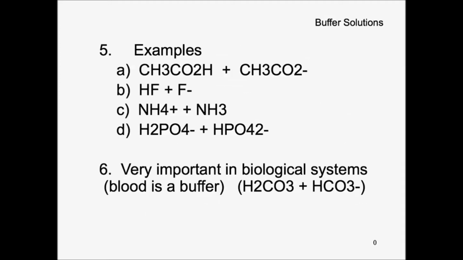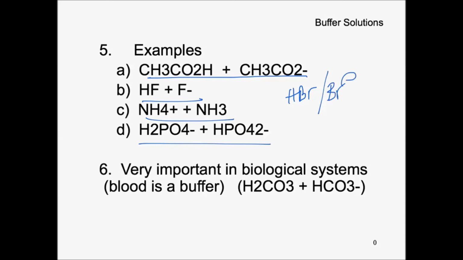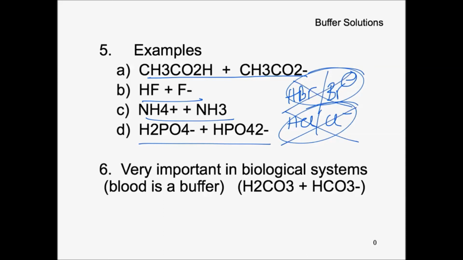Just to give you a flavor, some examples: acetic acid and acetate, HF with F negative, ammonium and ammonia. We talked about this in class as well. Realize we would not be able to get a buffer of HBr and Br negative, or maybe HCl and Cl negative. These are not buffers. And the reason is that HBr is going to completely dissociate and give you 100% proton and 100% Br negative, the conjugate base.